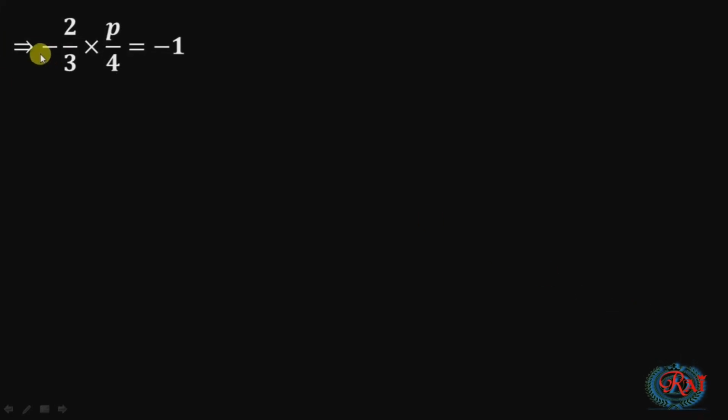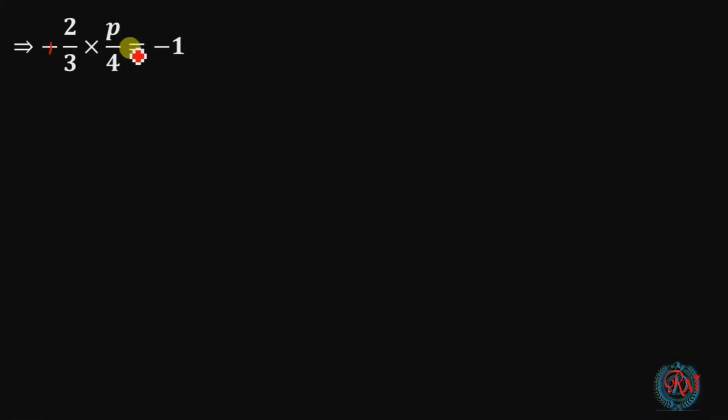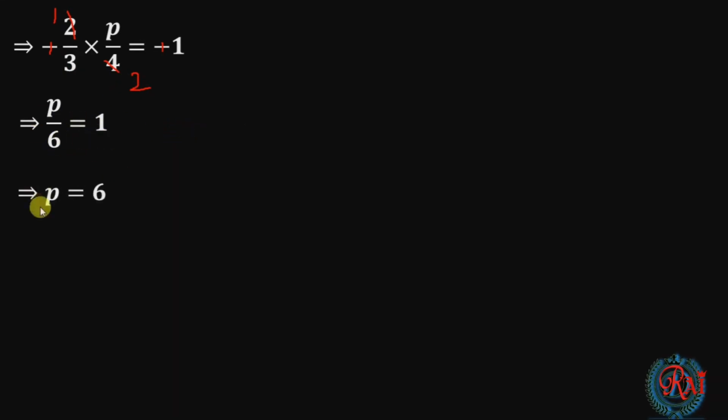So this minus and this minus will get cancelled. 2 ones are 2, 2 twos are 4. So next line will get p divided by 3 into 2 is equal to 6, is equal to 1. So after cross multiplication, p is equal to 6. The value of p is equal to 6.